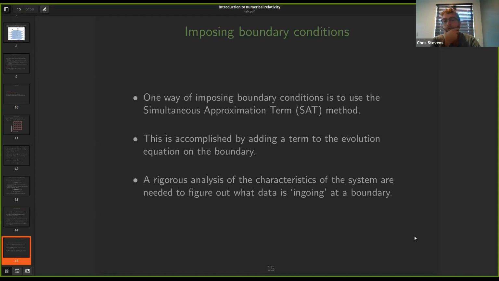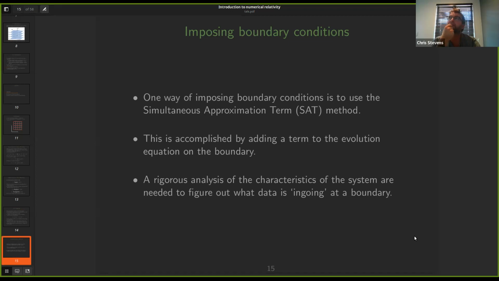All right, so one other thing that I won't go into too much detail about, I will just mention, is boundary conditions. If you have a PDE which is propagating, for example a single advection equation, then it has one mode that's propagating in one direction.